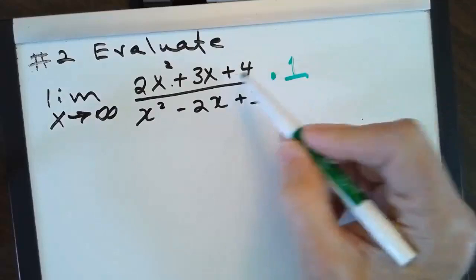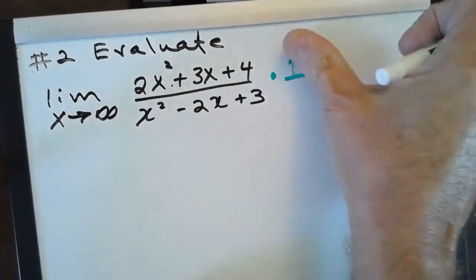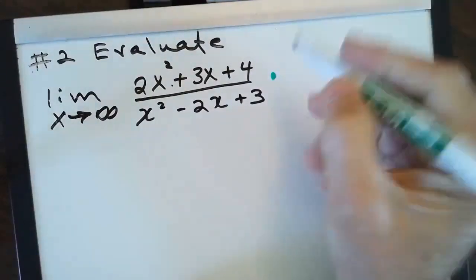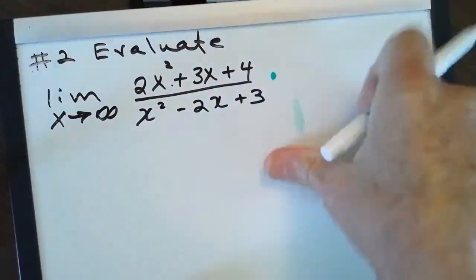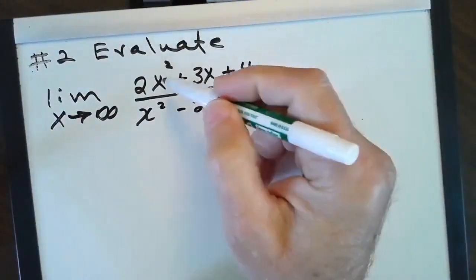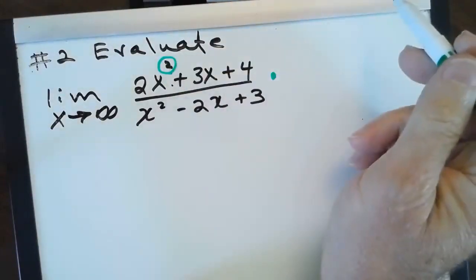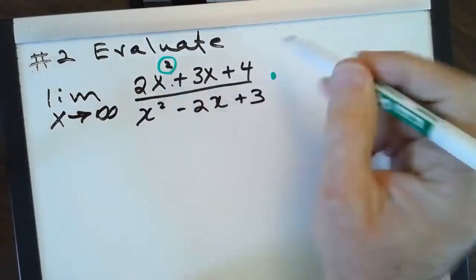Well, here we can't just multiply by 1, but we can multiply it by a number over itself, because any number over itself is 1. So we look at the highest exponent for x, which here is x squared, and we multiply by the reciprocal of that.